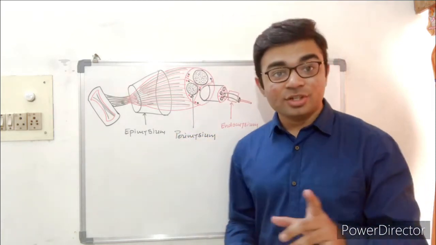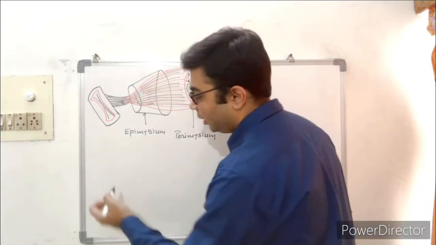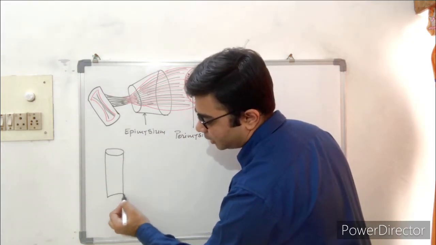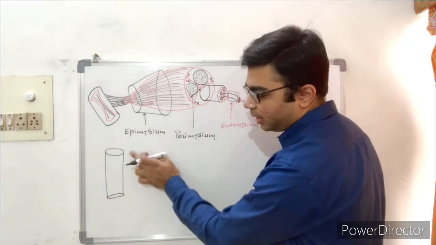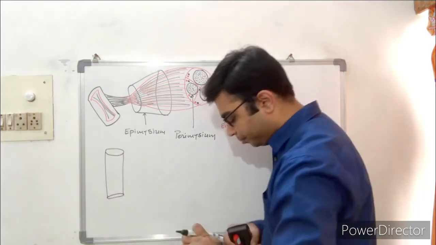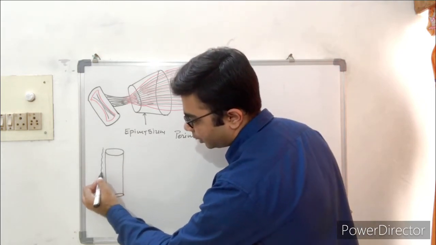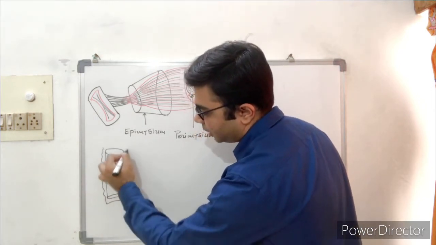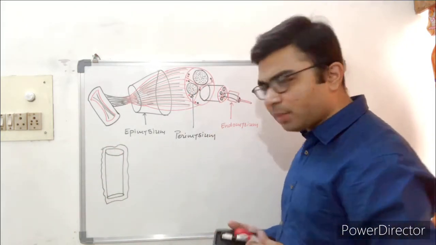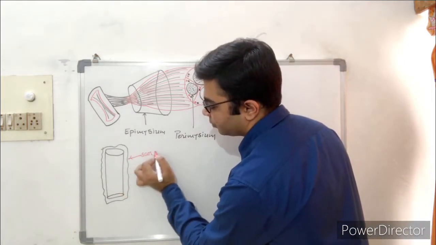As I have mentioned the shape of the muscle fiber, these are long and cylindrical. So for example, if I draw a muscle cell, you can imagine that it is long as well as cylindrical in shape, and it is covered, let me draw a covering over here, completely by a membrane which is known as the plasma membrane, or I can say the sarcolemma.